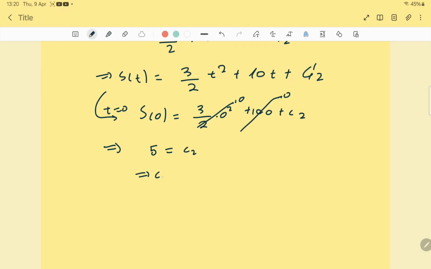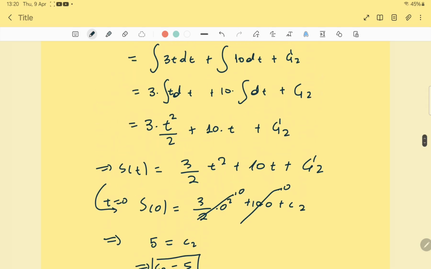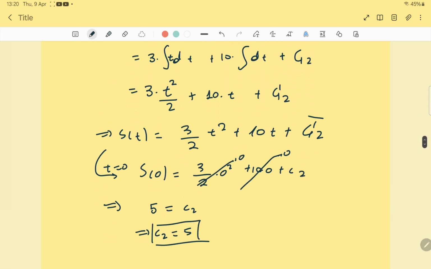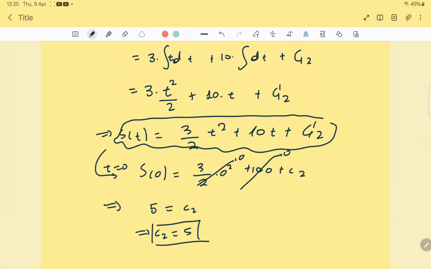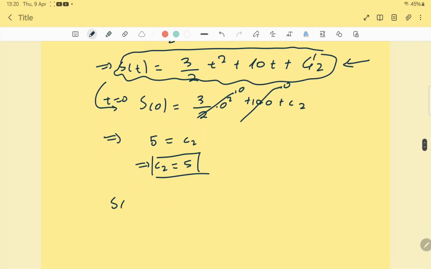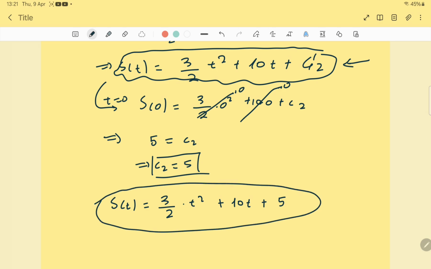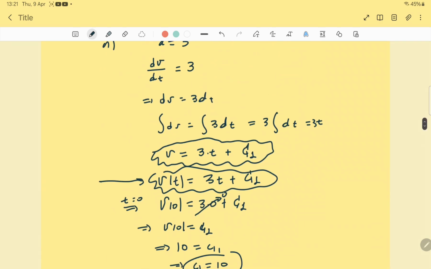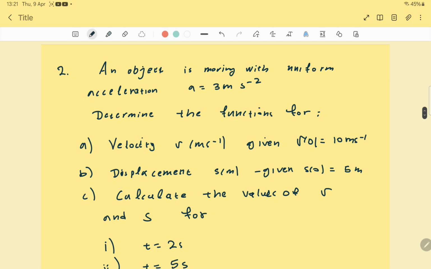So c2 is going to be 5. Now I go back to my function and plug c2 equals 5, so s of t is 3 over 2 times t squared plus 10t plus 5. And that is the expression for the displacement as a function of t.